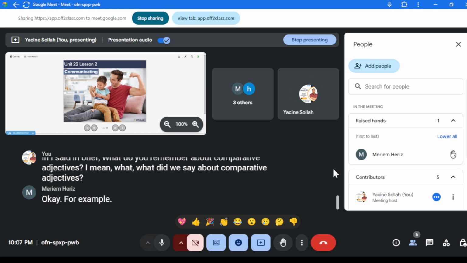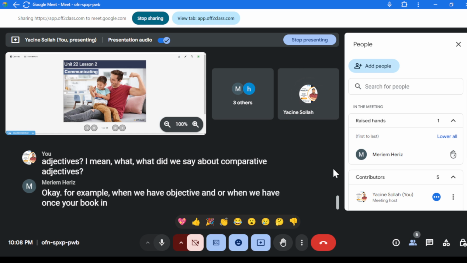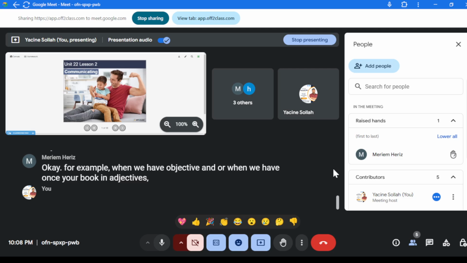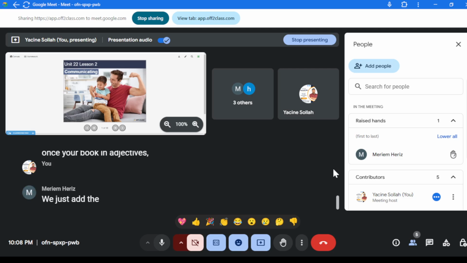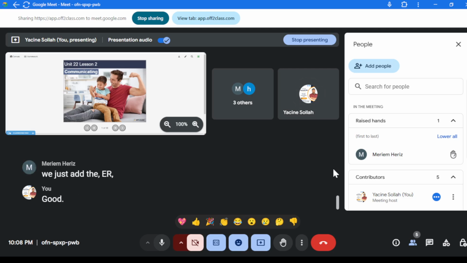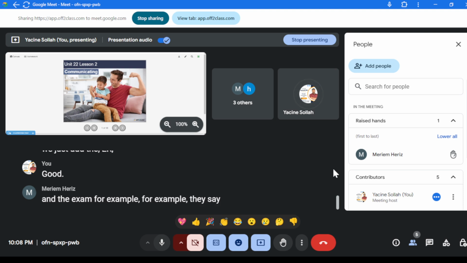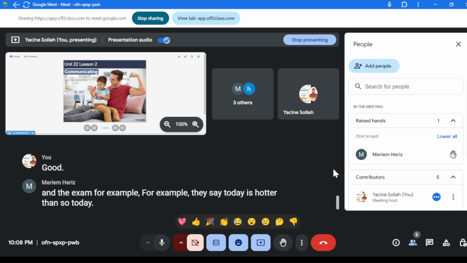For example, when we have one syllable in adjectives, we just add the er. Good. For example, I say today is hotter than Saturday.